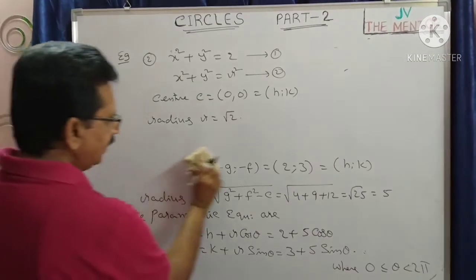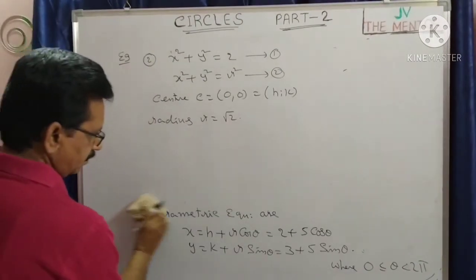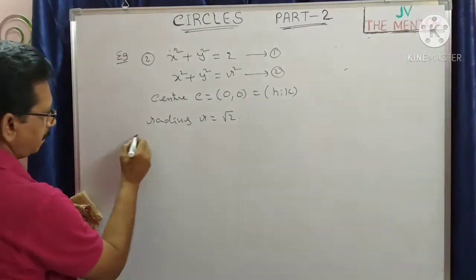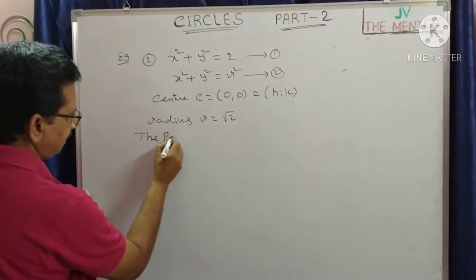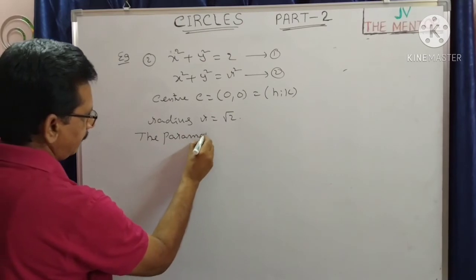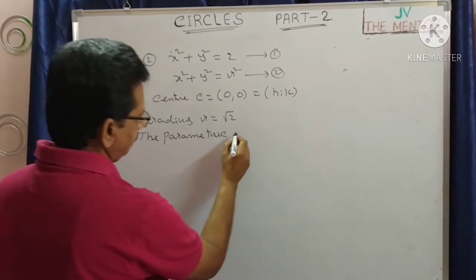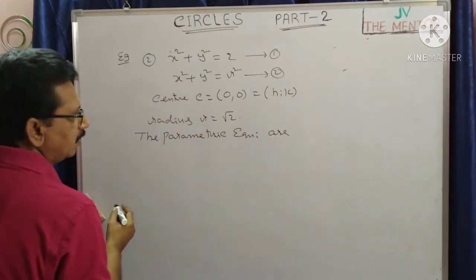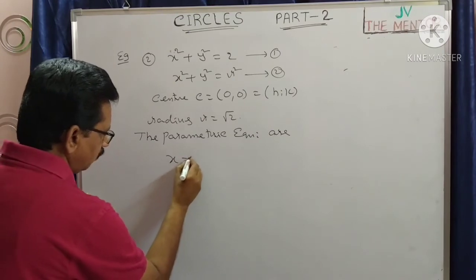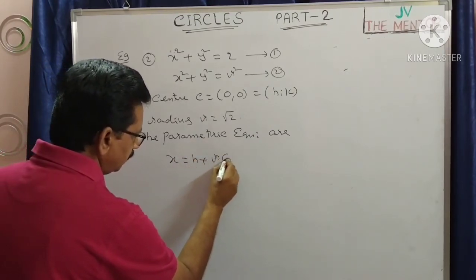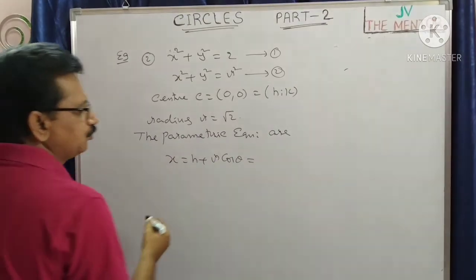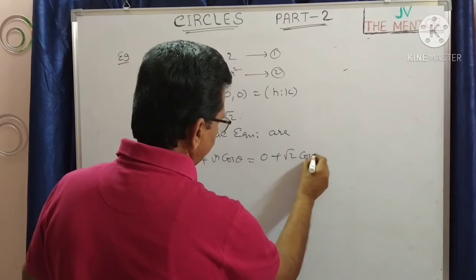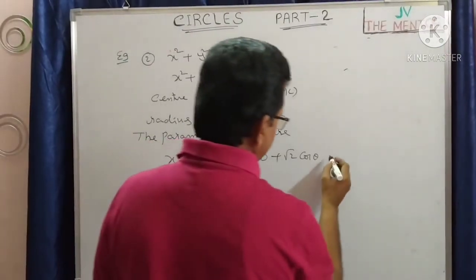Now the parametric equations are x equal to h plus r cos theta, that equal to h value 0 plus r value root 2 cos theta. 0 plus root 2 cos theta, that is root 2 cos theta.